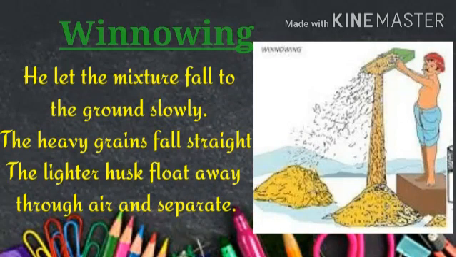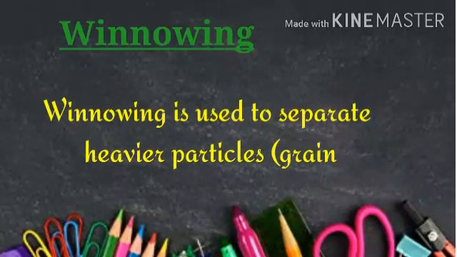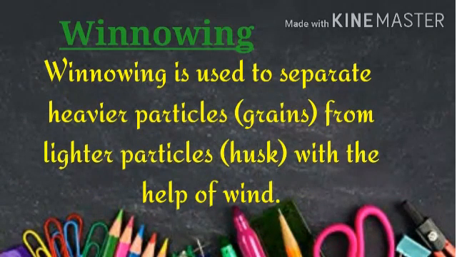So like this, we can separate the lighter particle, that is husk, from the heavier particle, that is grain. At last, you can say that winnowing is a method of separation used to separate heavier and lighter particles of a mixture with the help of wind.